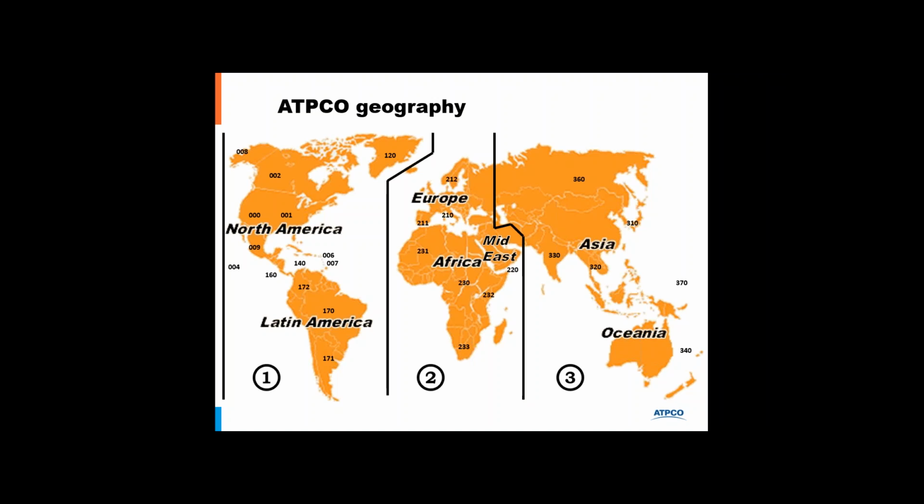This is following IATA standards for housing data in our database, with subgroupings within a particular area. So you see North America at the top in what we refer to as Area 1 geographically.